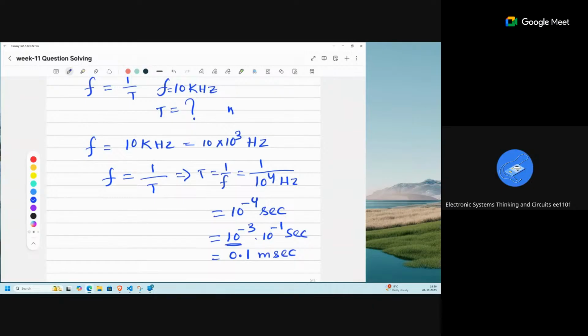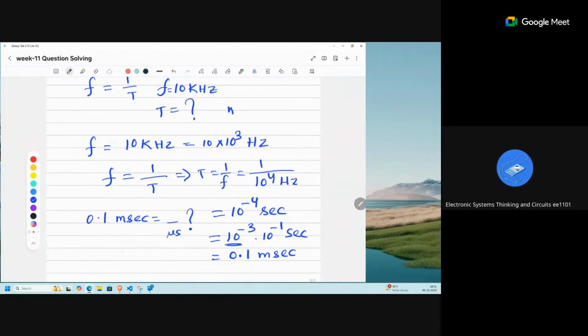If I want to write in microseconds, can anyone tell me how many microseconds is 0.1 millisecond? If your option is in microseconds, it is not in milliseconds. 0.1 millisecond will be how many microseconds? Madam, 100 microseconds. Point one divided by 1000?